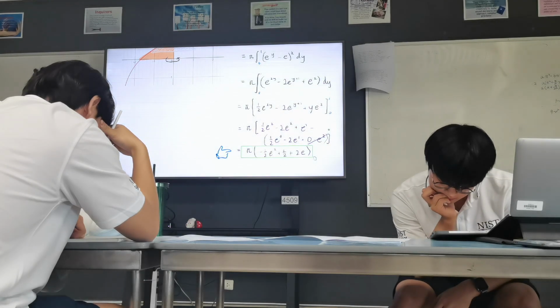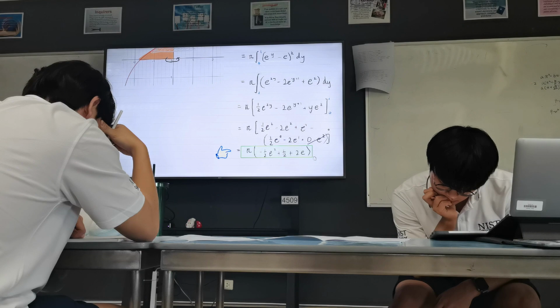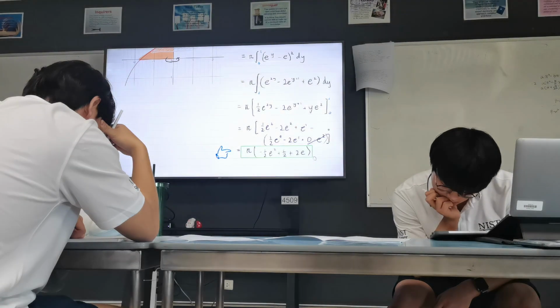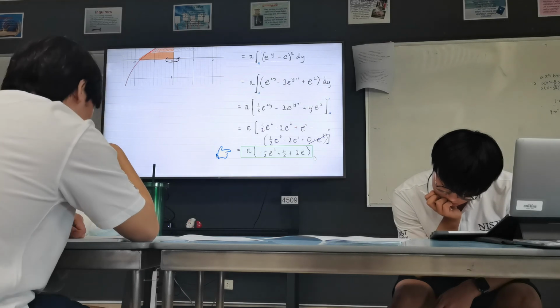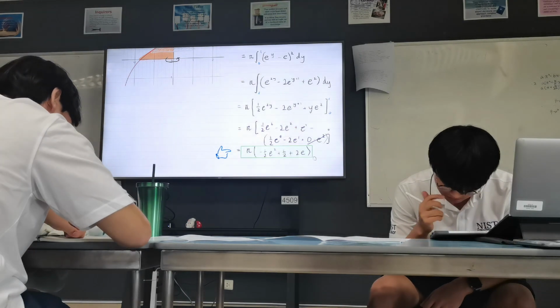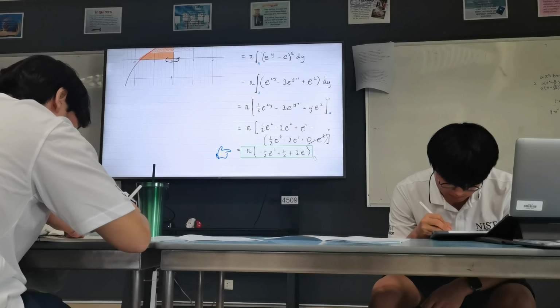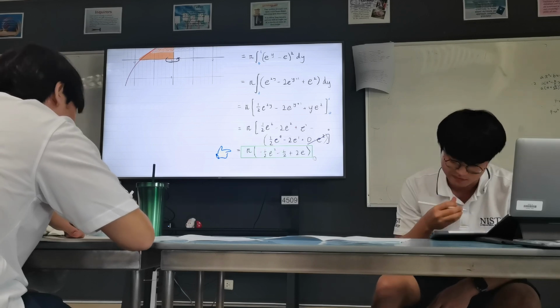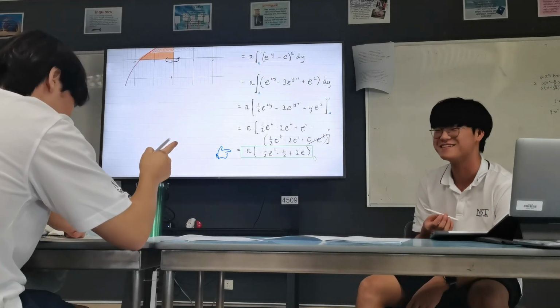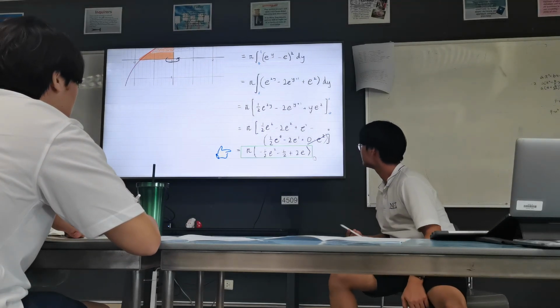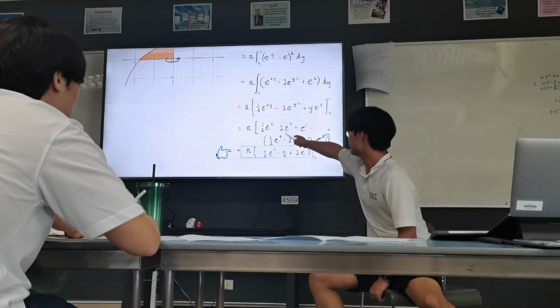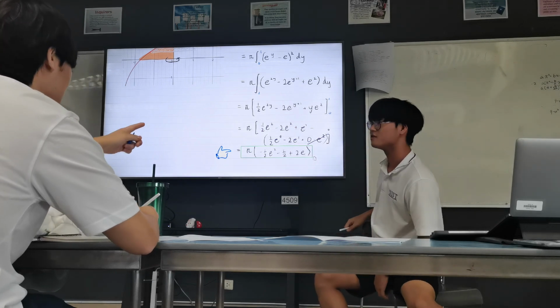Wait, plus, because it's 0. So simplify this. Oh, wait, it is plus. This one's minus, but then this pi is in brackets. So minus is correct? I forgot to put brackets. Oh, yeah, that's right.